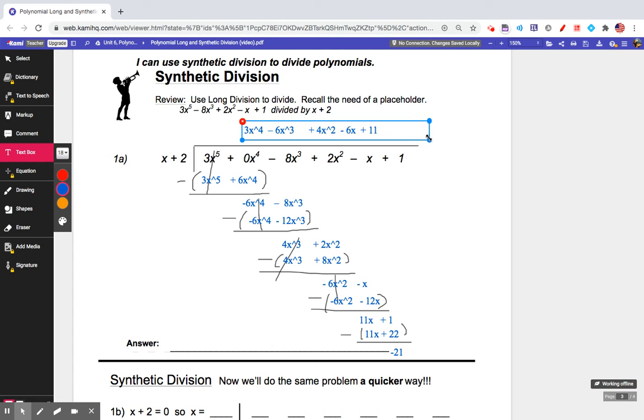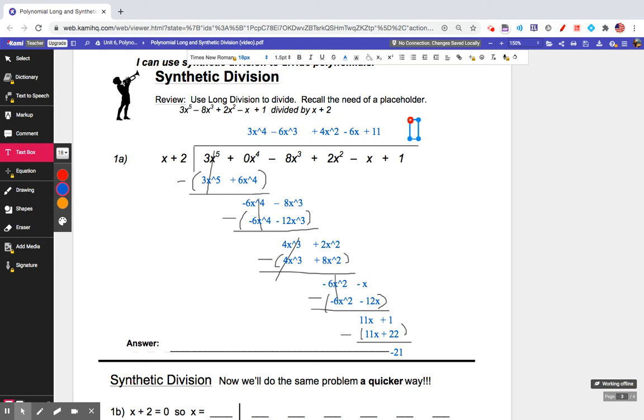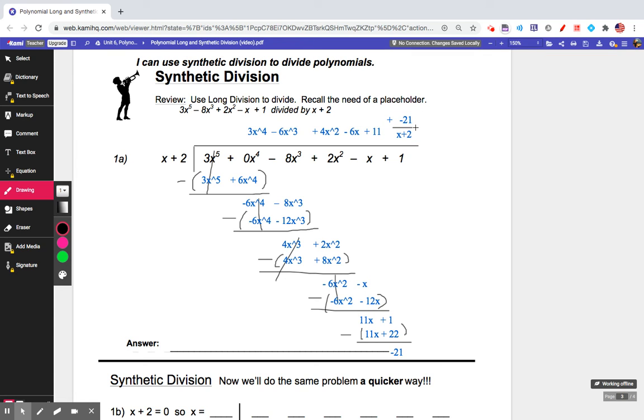So remember what we do with our remainder. We write it as a fraction plus, and the fraction is negative 21 over x plus 2. I will put a fraction bar there to remind us that this is a fraction. So that's how we do long division.